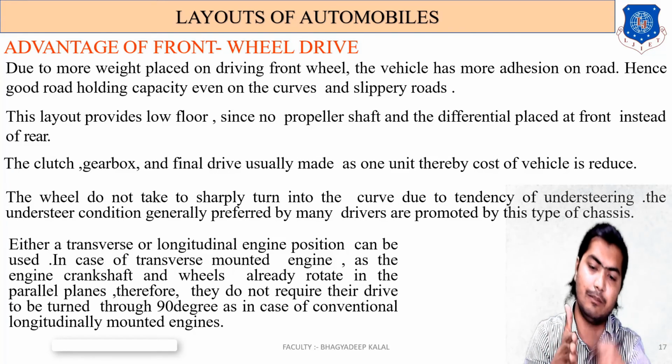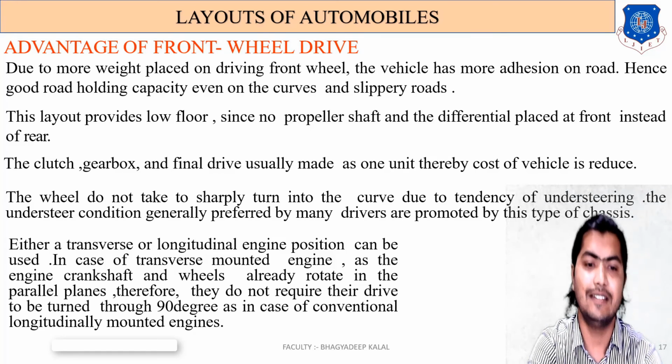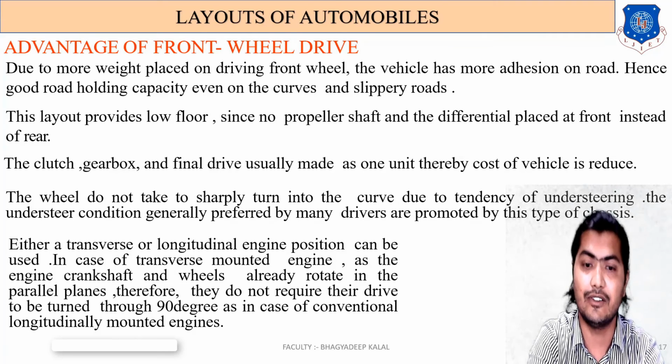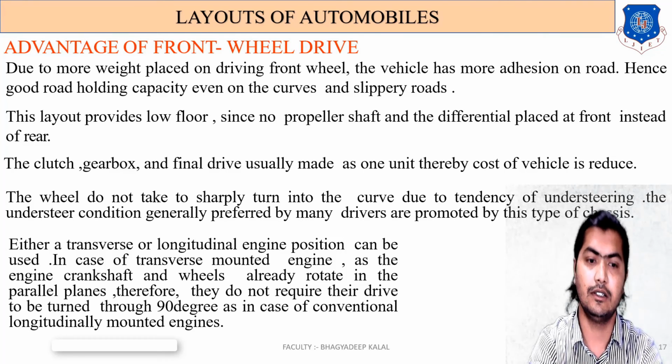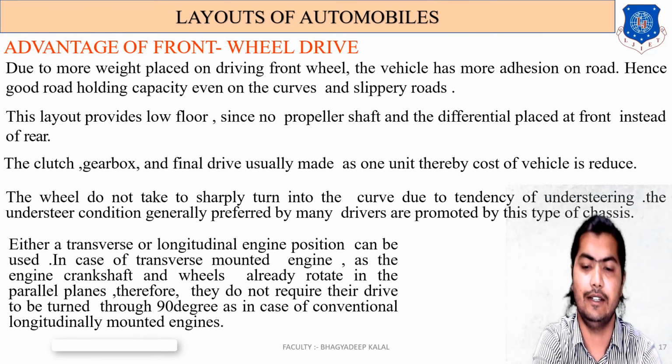If the engine rotation plane and wheel rotation plane are parallel, they do not require the drive to be turned through 90 degrees as in the case of a conventional longitudinal mounted engine.